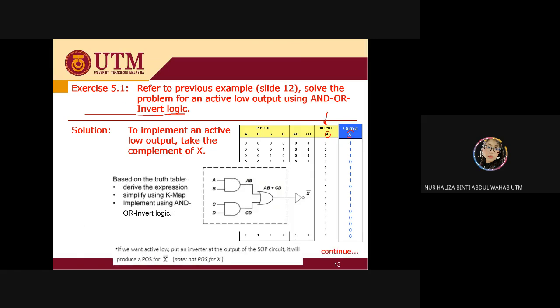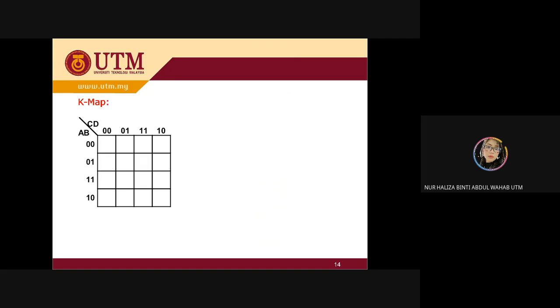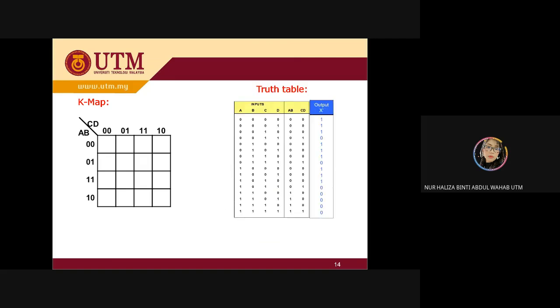So based on the truth table, you need to derive the expression, simplify using the K-map, which is similar, and implement using the AND OR, and then going to have the inverse. Instead of X there, going to have the X bar.